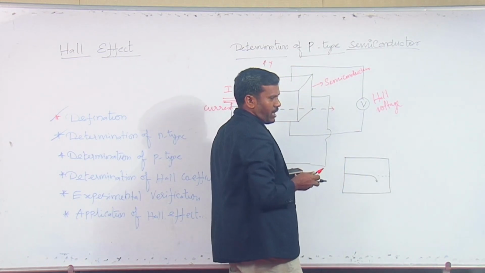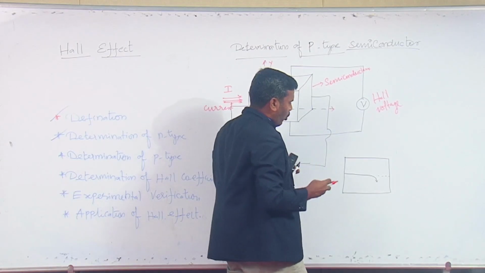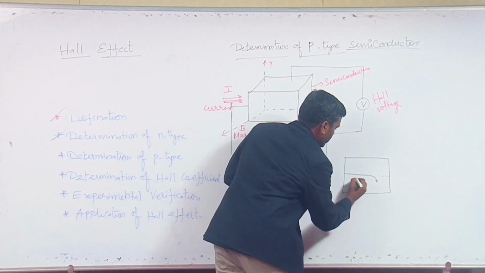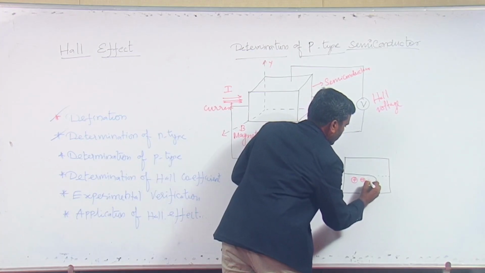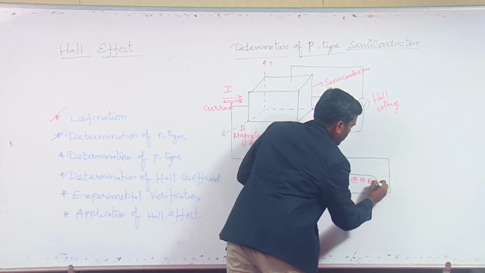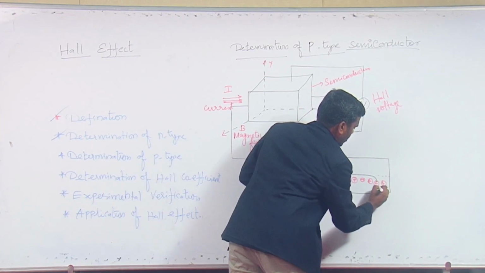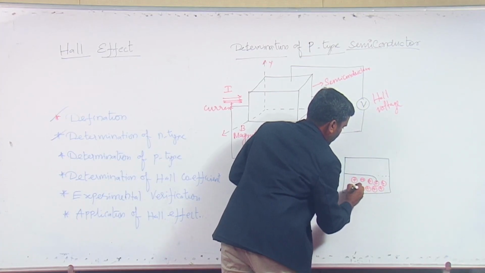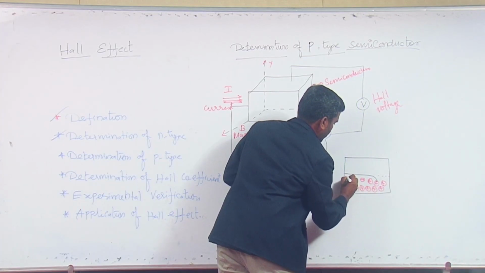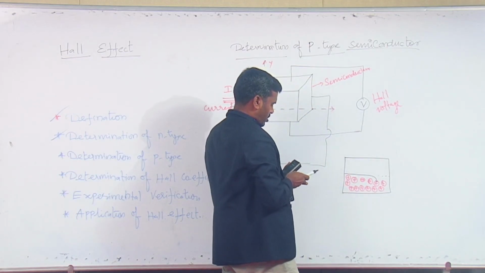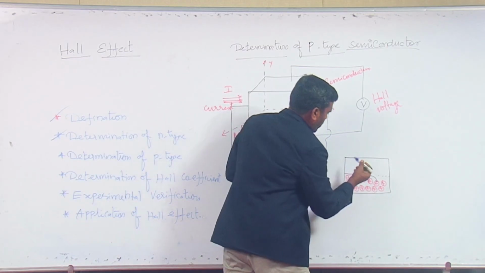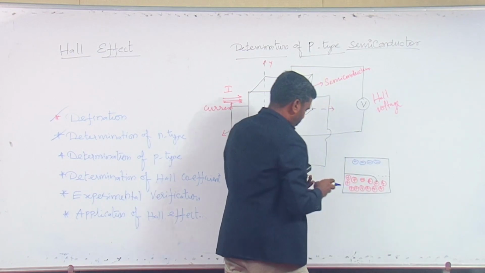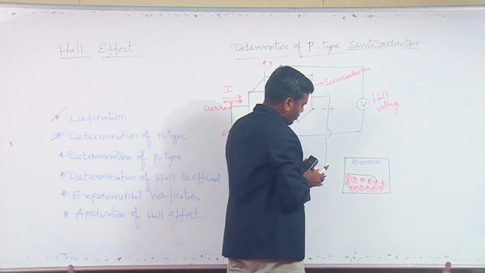Here the majority charge carriers are holes, which accumulate at the bottom of the slab. A small amount of charge carriers, which are electrons, accumulate at the top of the slab.